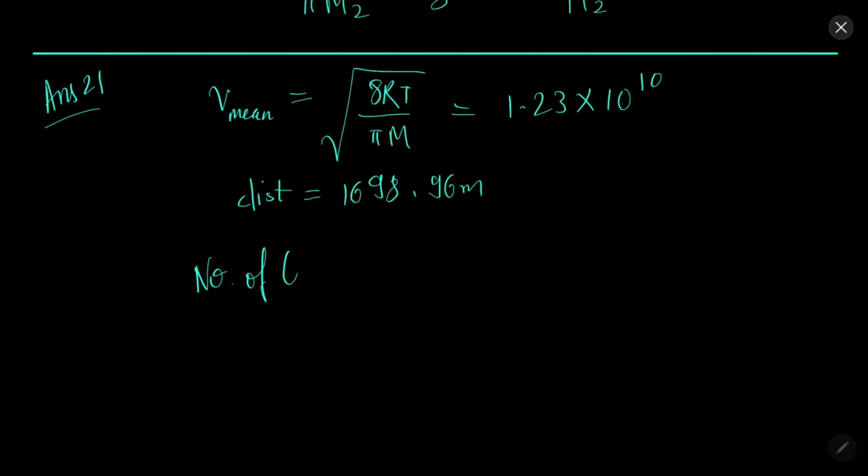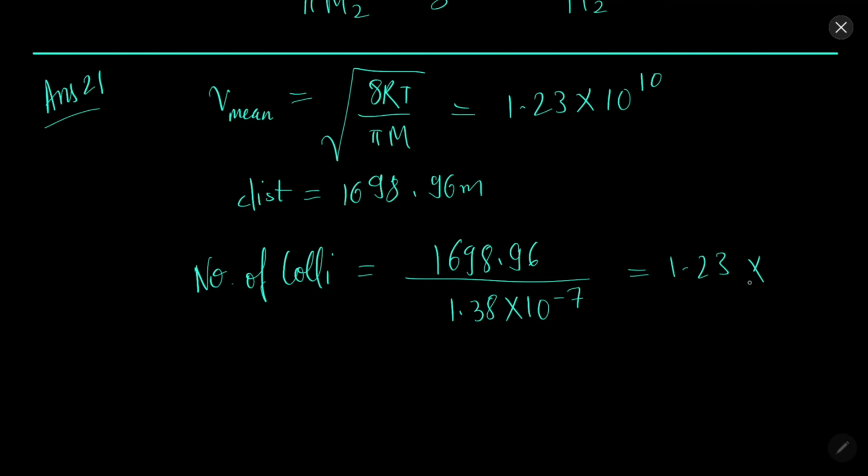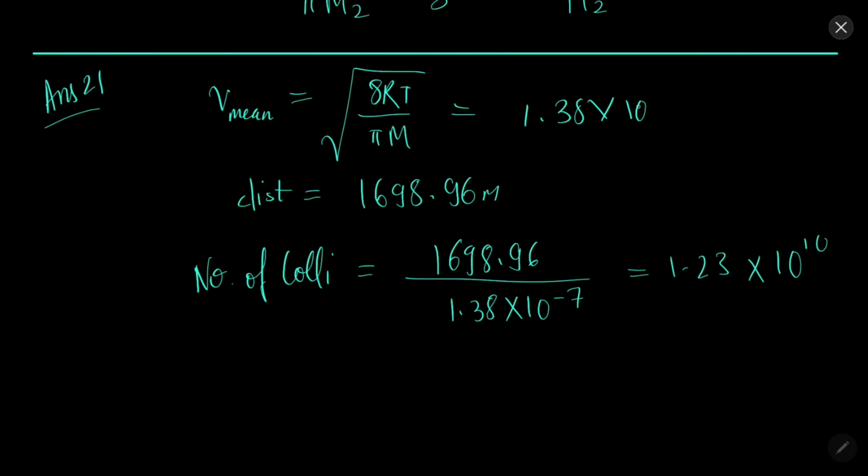So the number of collisions will be the distance 1698.96 meters over 1.38 into 10 to the power minus 7.